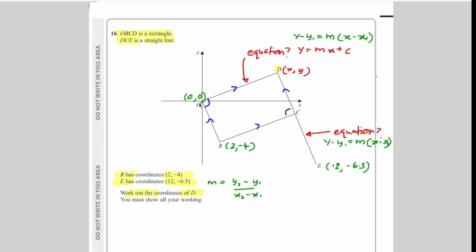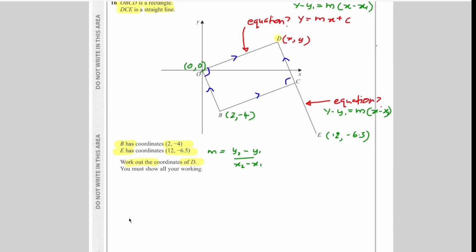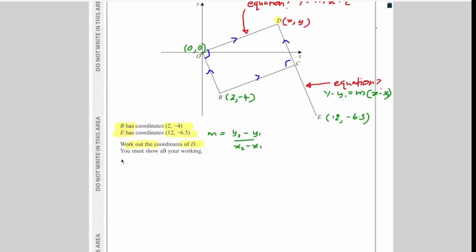Before getting the gradient of OD, let's get the gradient of OB. So I'm going to write here gradient of OB. Let's write the two coordinates that we have, 0, 0 and 2, minus 4. Right? So I'm going to use one coordinate as x1, y1.